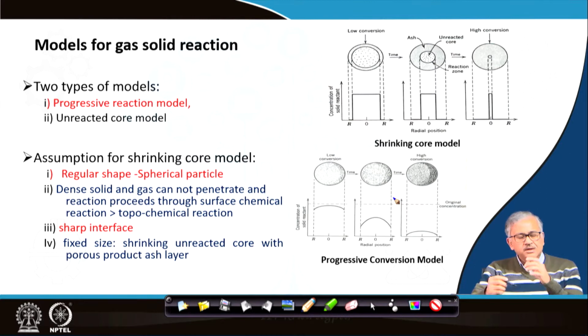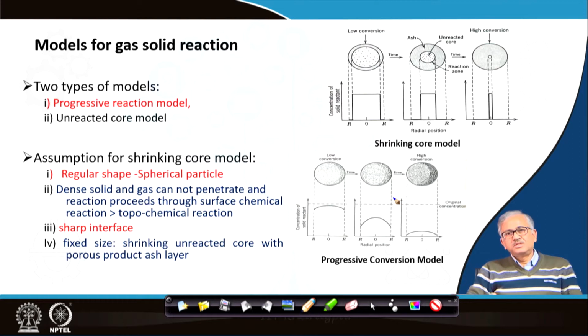What you can find in this case is that the solid material that is being reduced is porous enough, and the reductant gas can easily penetrate through the solid material. As a result, the reaction can take place throughout the body because the material is porous to the reductant gas.